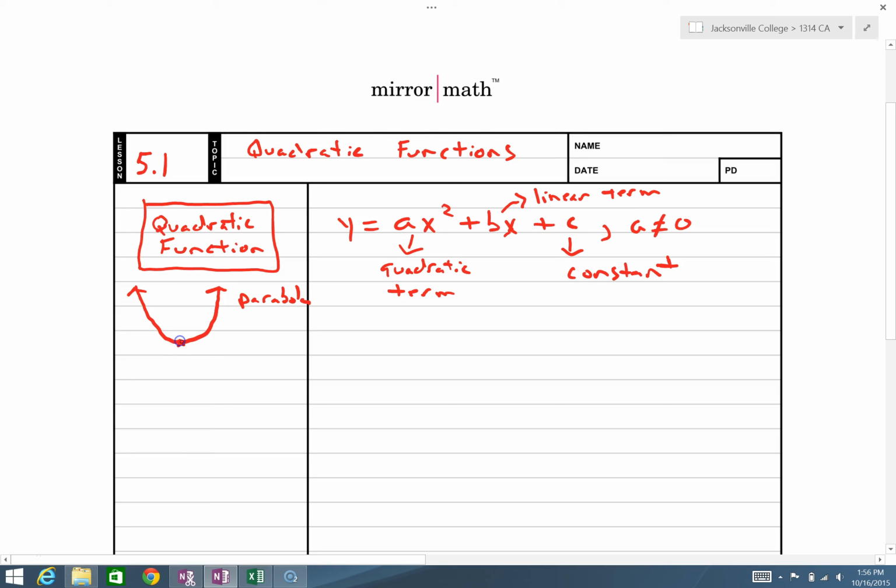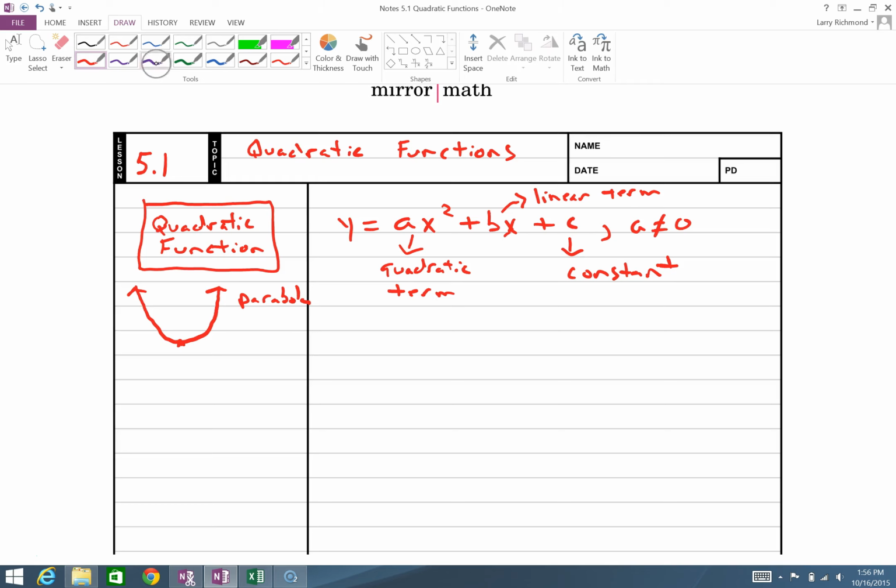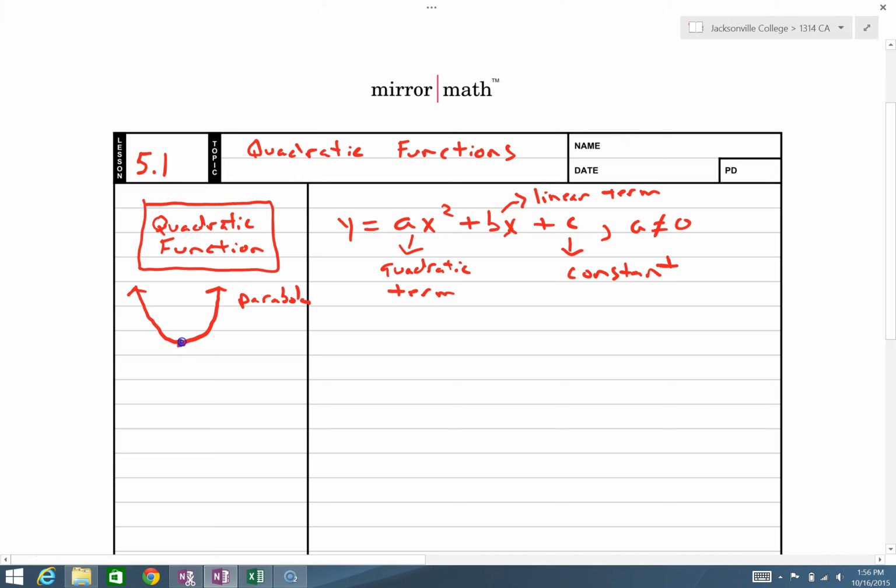This point is called the vertex. It is a minimum value when the curve is opening upward. It is a maximum value if the curve is opening downward. There is a line, not part of the parabola, but a line that splits the parabola in half. This line is called the axis of symmetry.